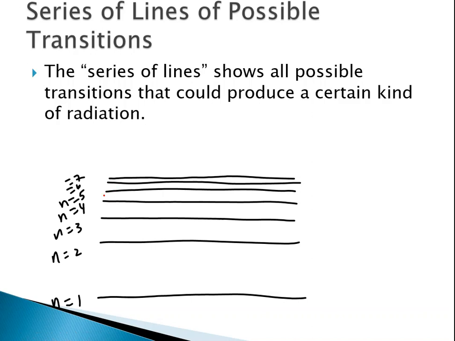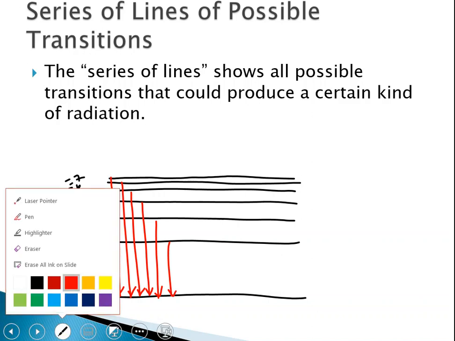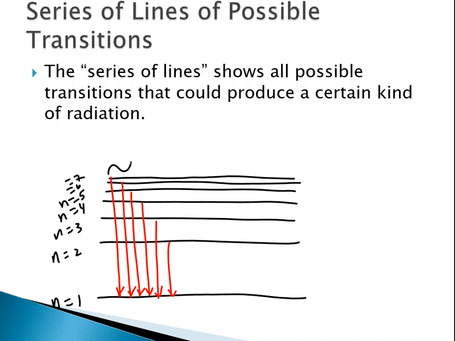So I could have an electron start at n equals 7 and go to n equals 1, or it could start at n equals 6 and go to n equals 1, or n equals 5 to 1, 4 to 1, 3 to 1, or 2 to 1. All of those transitions will release radiation in the ultraviolet range.